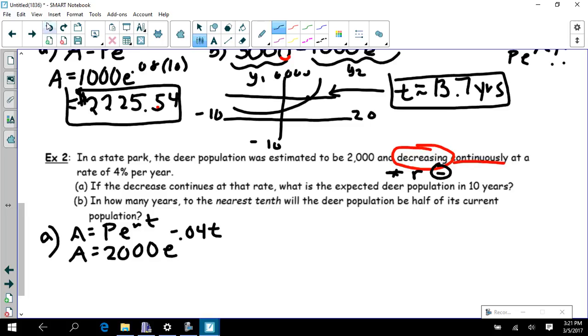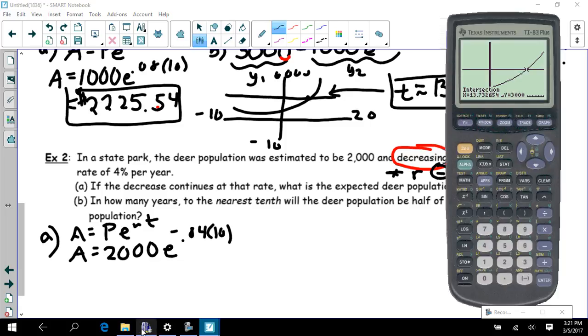So let's just say negative 0.04 times 10. So I should be able to type that all in. 2,000 times e raised to the negative 0.04 times 10. And it looks like about 1,341 deer.